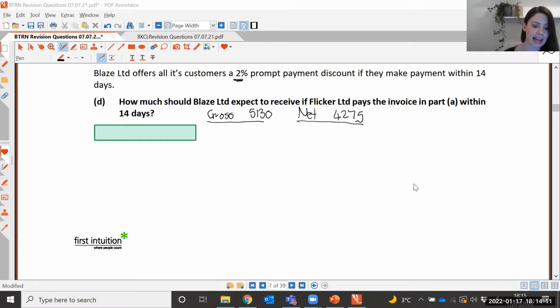Yeah, that's the net. So how much would the total amount be?